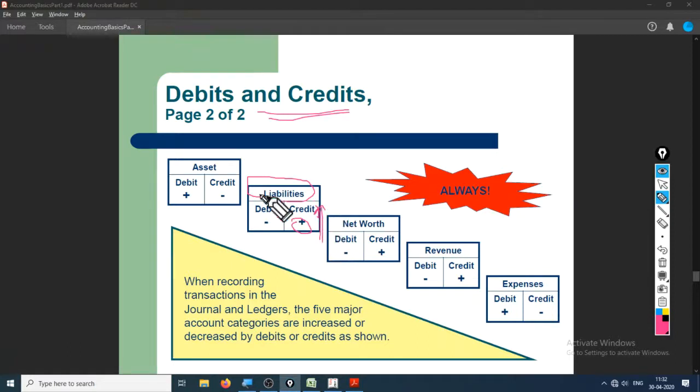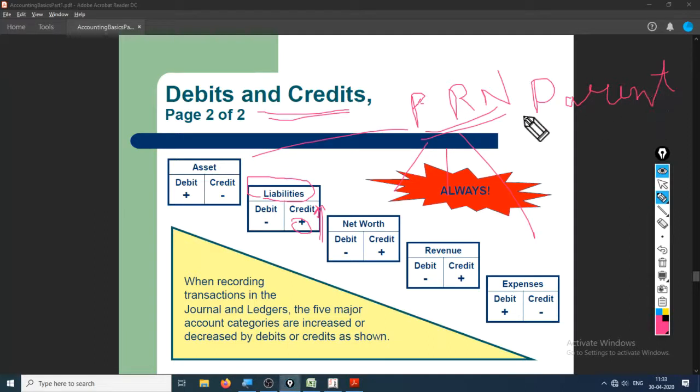This sheet and the sheet of personal, real and nominal accounts are both the same only. This sheet is created by that sheet only. Hence this is the parent and that is the child. So if you have any confusion, you can also look at this, but we don't want to because we are dealing with the parent.